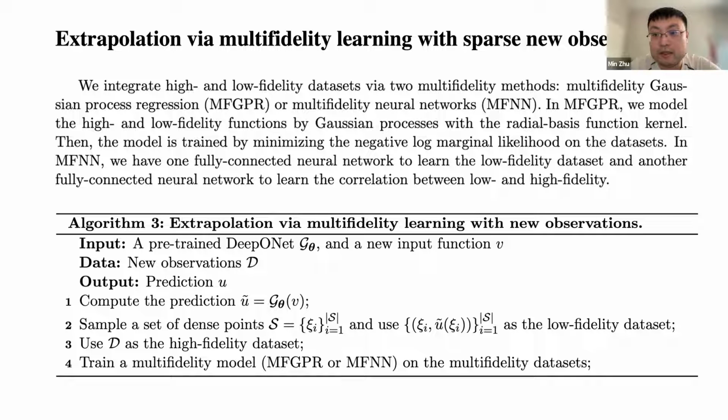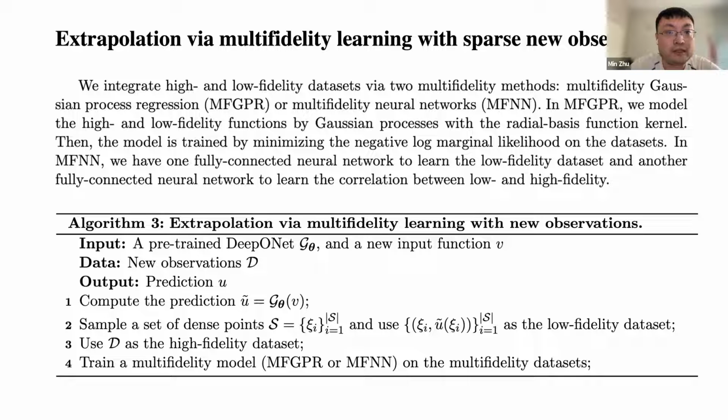Specifically, the sparse new observations D are the high-fidelity dataset, while the prediction from the pre-trained DeepONet is a low-fidelity dataset. And we integrate the high and low fidelity datasets.